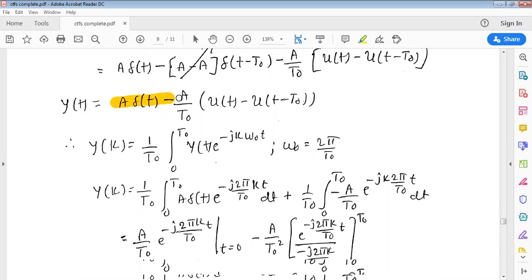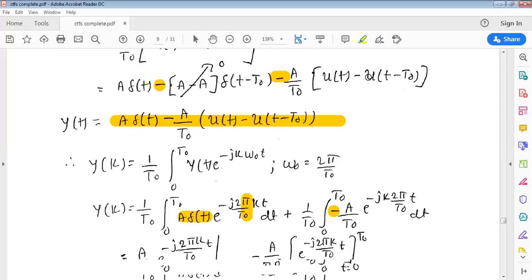What is your y of t? Y of t is this complete function. See here, I have taken 1 A into delta of t. This function is as it is, into e power minus jk omega naught, where omega naught is 2 pi by t naught, into k into t. This is the first function. Plus 1 by t naught into minus A by t naught, I have taken 1 e power minus jk 2 pi by t naught into t.